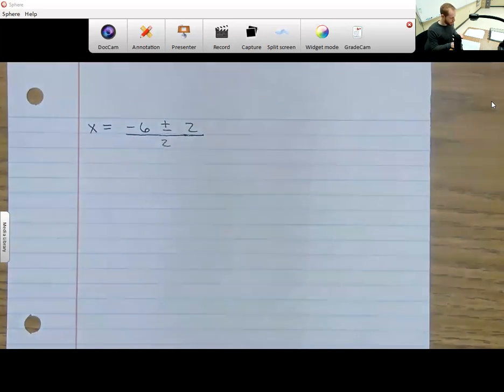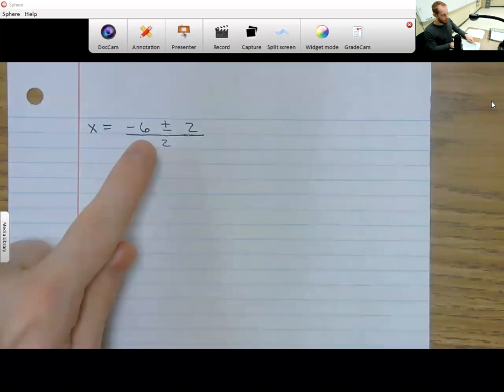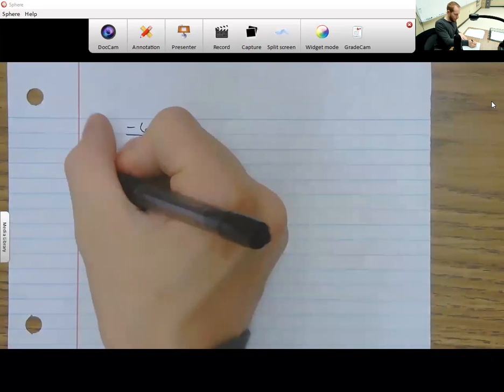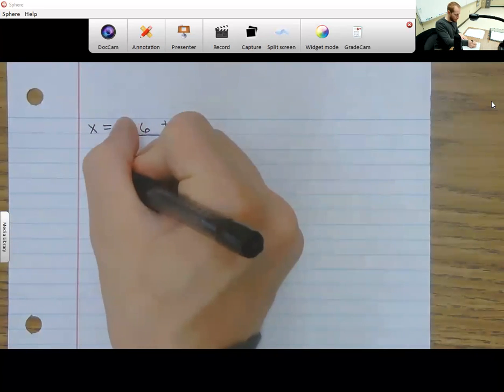All right. So now we're at the point where we're going to use the plus or minus. Now, you could have a plus or you could have a minus. We're going to do both. So we're going to do the plus first and see what happens. And then we're going to do the minus and see what happens. So this is going to break apart into 2 different solutions.